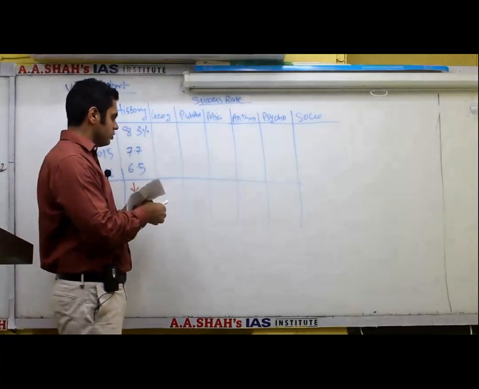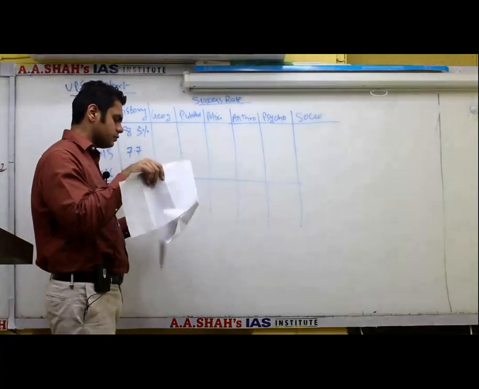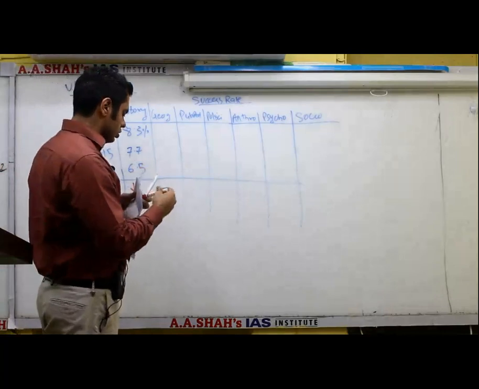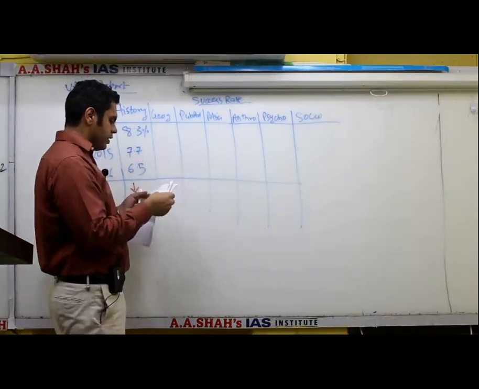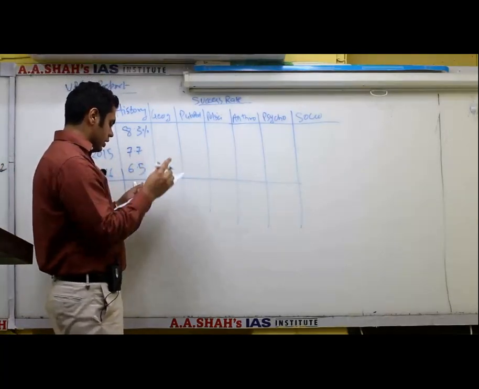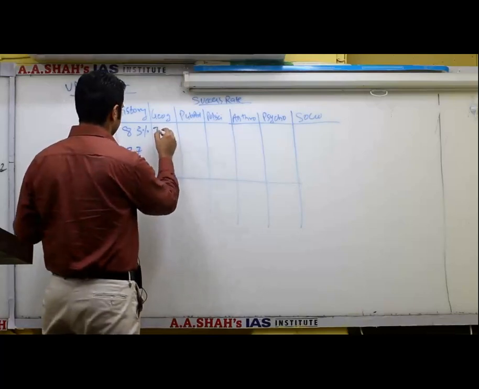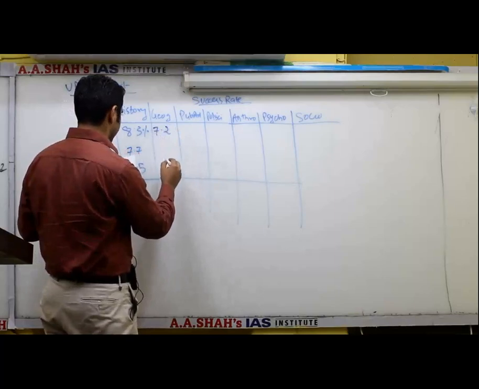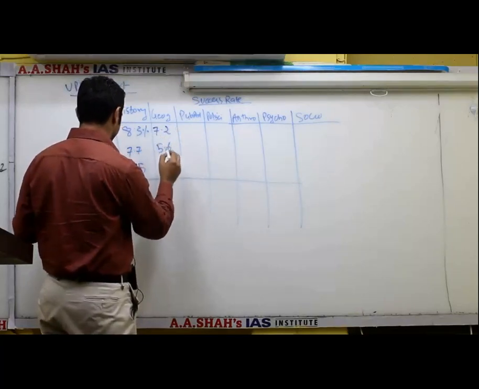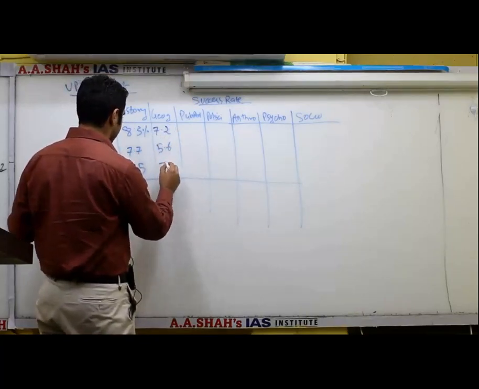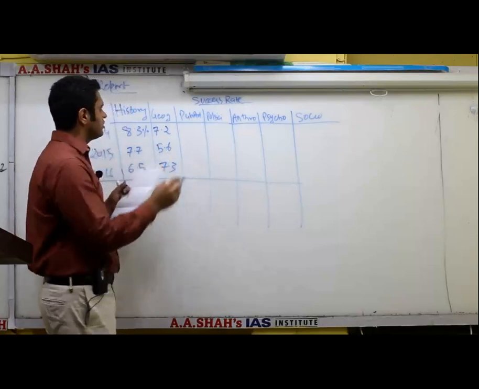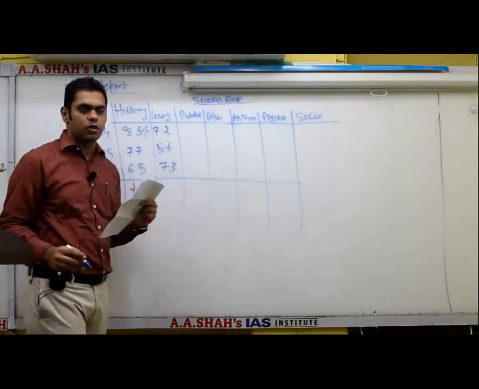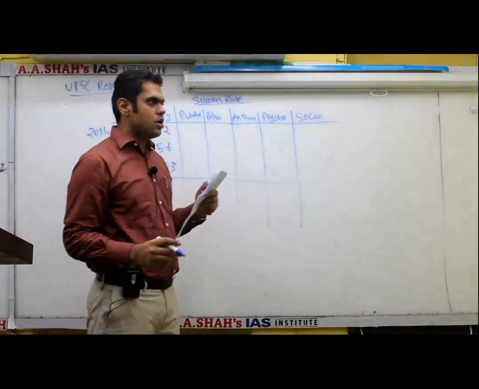Now, looking at geography. Geography in 2014 had a success rate of 7.2%. Then it went to 5.6% in 2015. And then in 2016 it was 7.3%. Now these figures are given by the UPSC annual report. These figures are not made up.